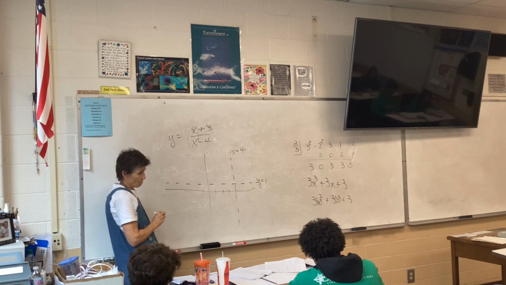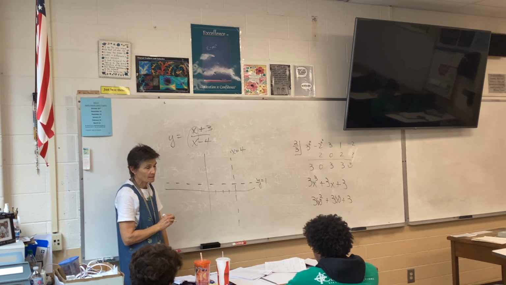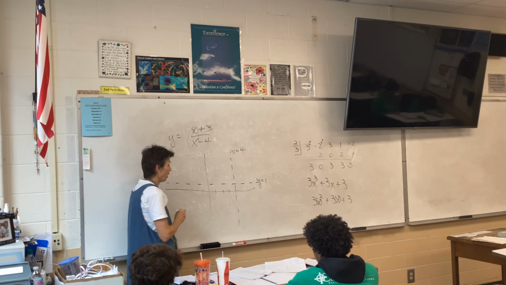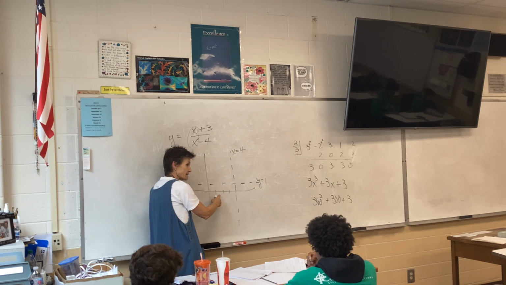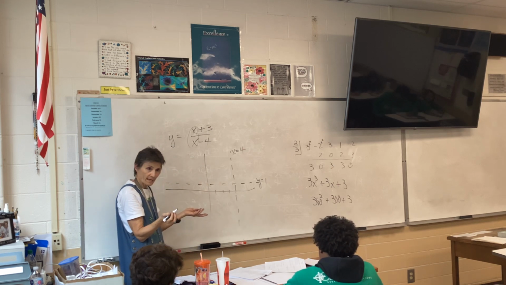Now, intercepts. How do we find intercepts? Aren't intercepts where we cross the axis? So isn't one coordinate 0 if you're on an axis?